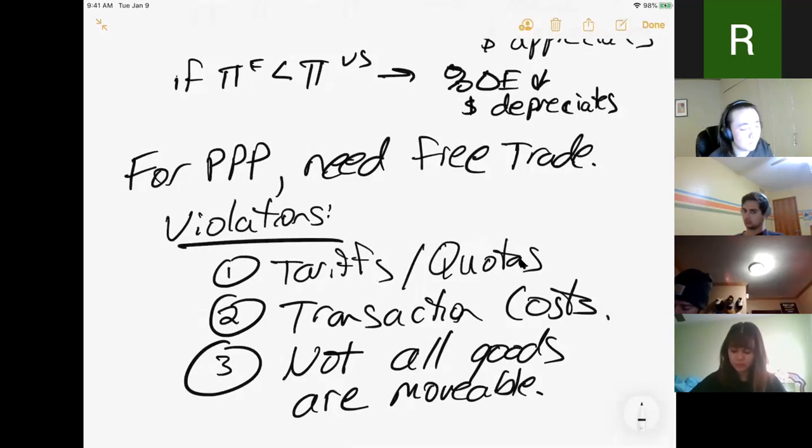Because you can't buy a cheap house in Canada and move it to the US. Just like everybody in Chicago would love to buy a cheap house in Mount Vernon and move it to Chicago, but you can't do it, right? And so that means that goods are not necessarily going to equilibrate over time, right? If there are barriers to free trade.